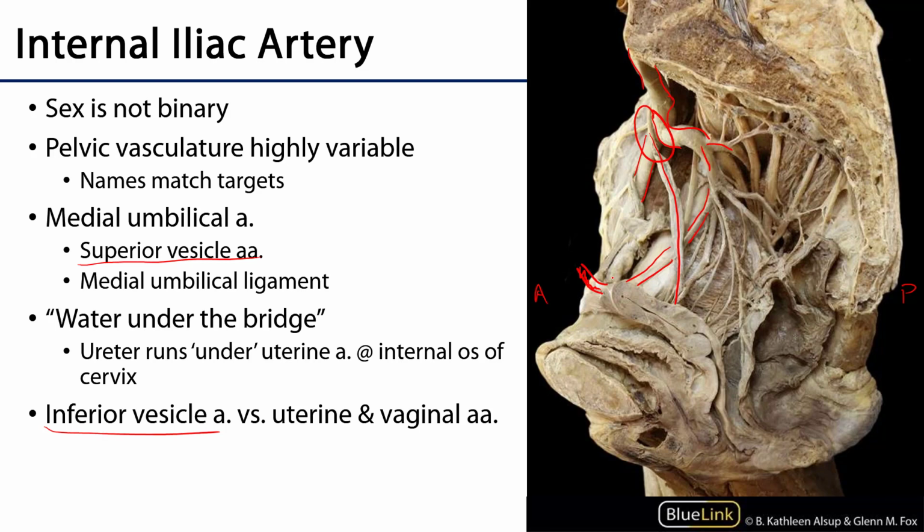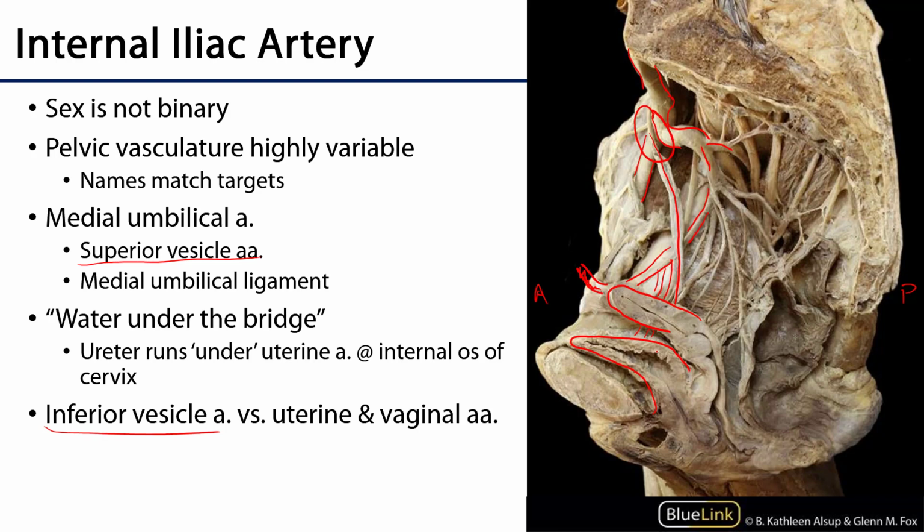Now coming off of that umbilical artery, it's kind of difficult to see this, but we have branches that come across the pelvis laterally called superior vesical arteries. And the uterus here is in our way, obstructing our view, but we can imagine those branches coming down to supply the urinary bladder here.